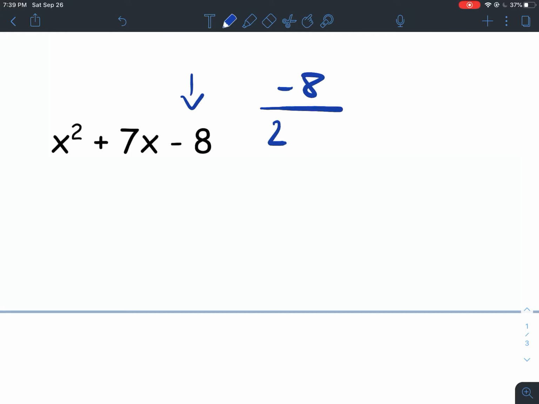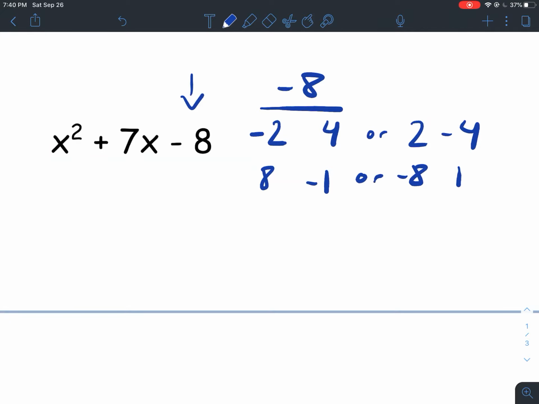We've got -2 and +4. Or we could also do +2 and -4, right? Both of those would give me a -8. We could also do +8 and -1, or -8 and +1.